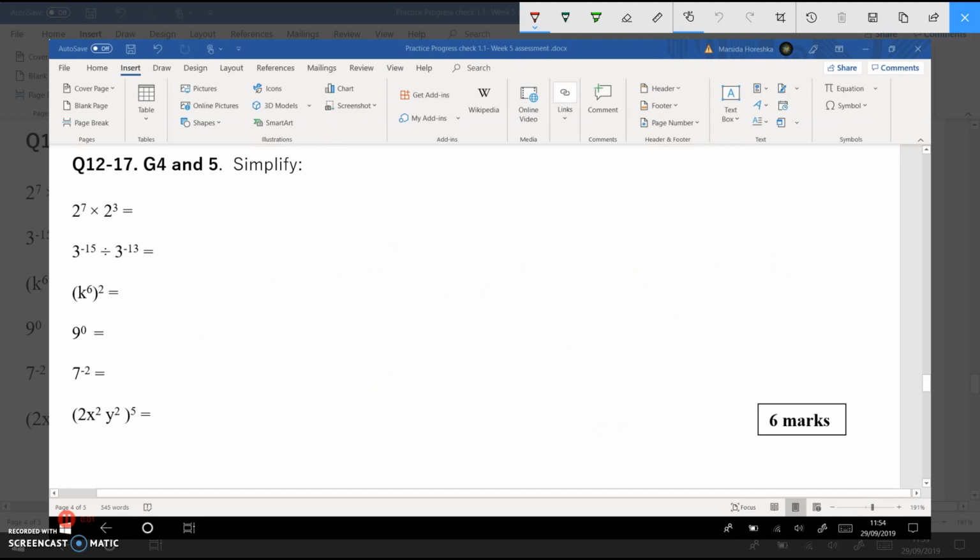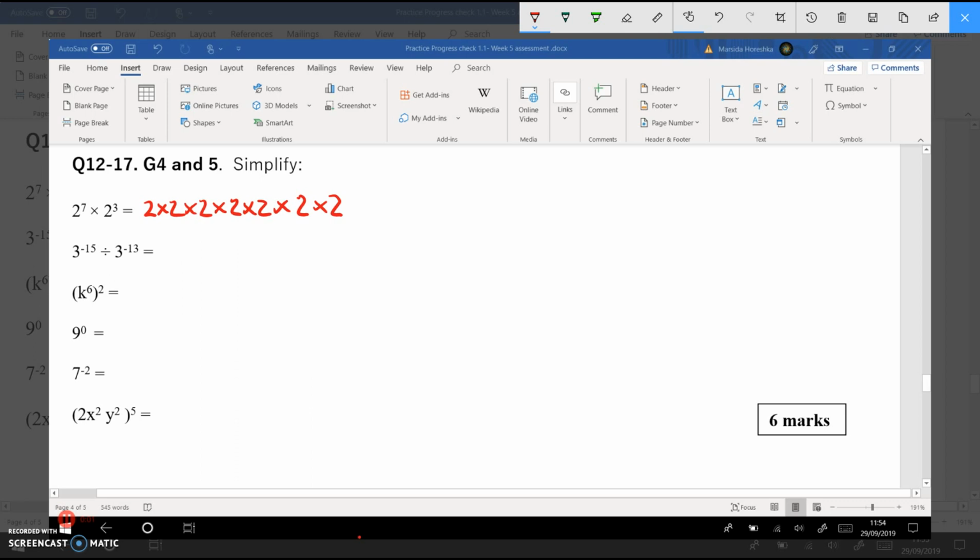Questions from 12 to 17. Simplify. This relates to index laws. So we've got the first one as 2 to the power of 7 times 2 to the power of 3 equals what? 2 to the power of 7 is the same as 2 times 2 times 2 times 2 times 2 times 2 times 2.